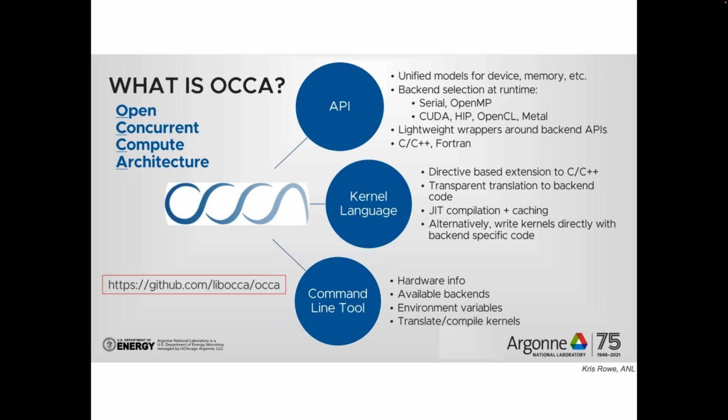But also the kernel language itself. OCCA has its own kernel language, which looks very similar to C, with just some additional directives. And we translate this kernel language at runtime to the target language, the specific backend.